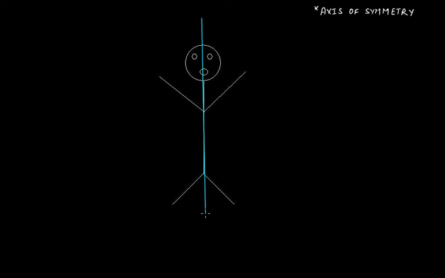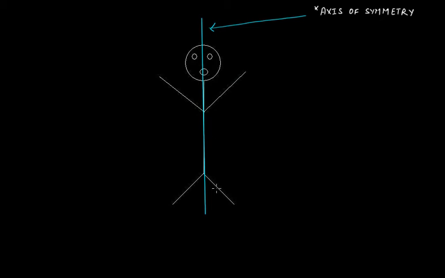Just assume that it's passing exactly from the center, though it's not very accurate, and dividing this into two equal halves, that is in symmetry, and this is what? The axis of symmetry.